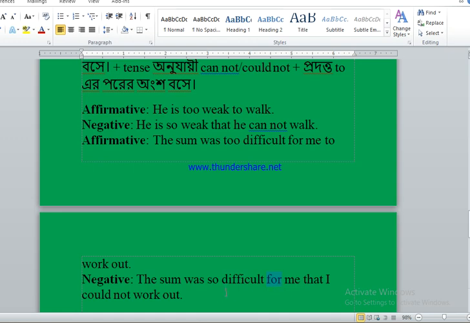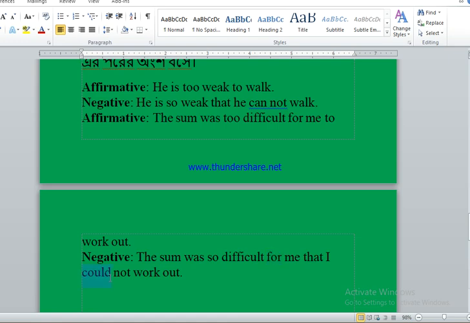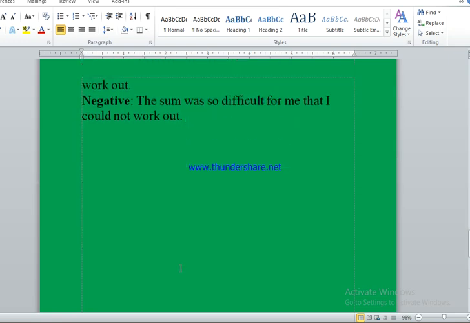That means so dot dot for means that I could not work. Could not has come in your negative sentence because you have got was as the main verb in the sentence. So the sentence is first format, that means the sentence is in the past indefinite tense. Okay.